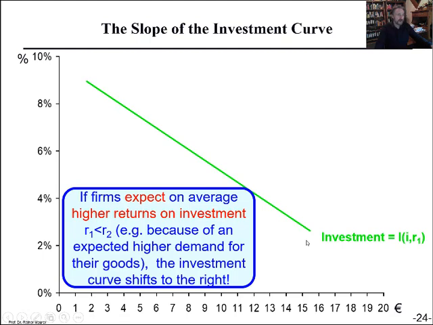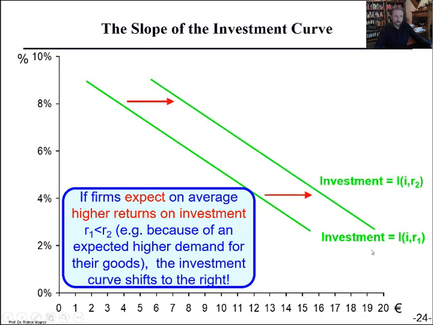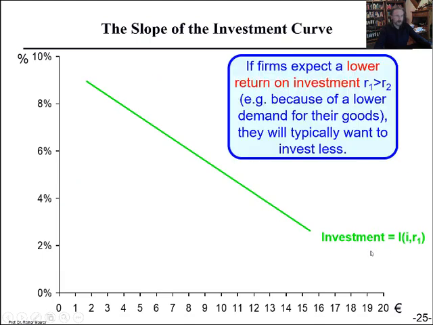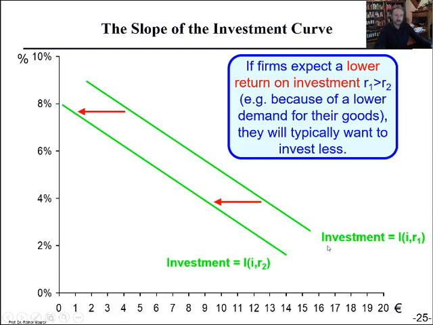If firms expect on average higher returns on investment projects, for example, because of an expected higher demand for their goods, the investment curve shifts to the right. If firms expect a lower return on investment, they will typically want to invest less, and therefore the investment curve shifts to the left.